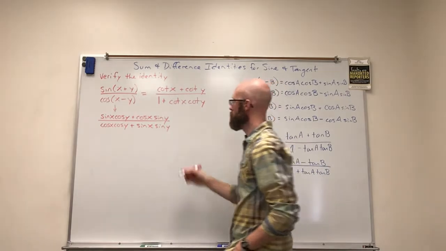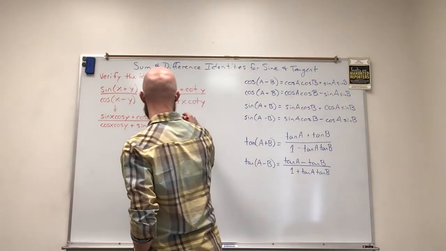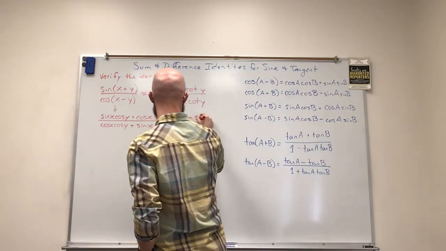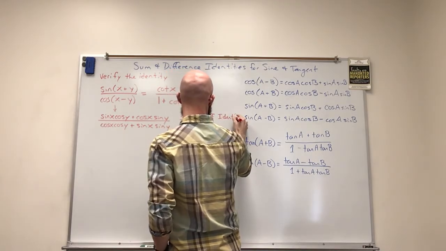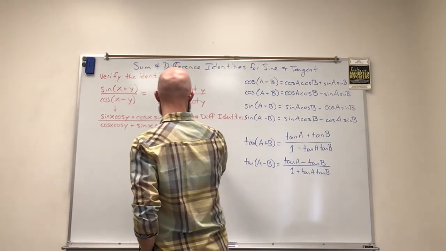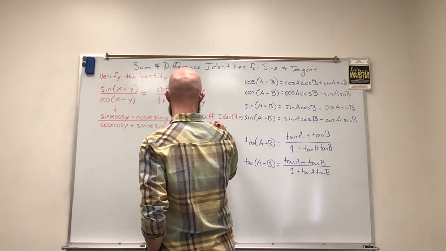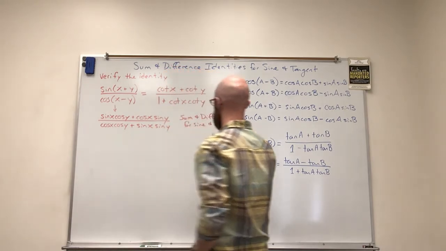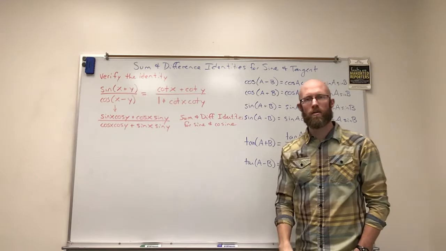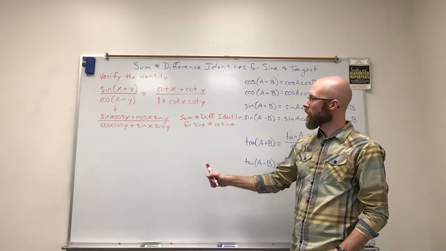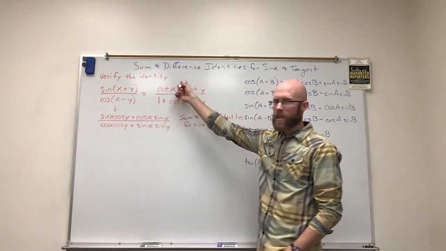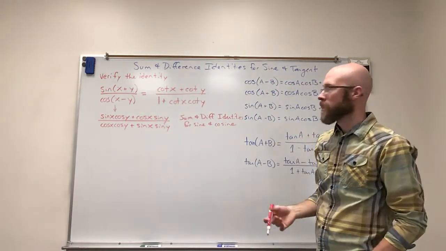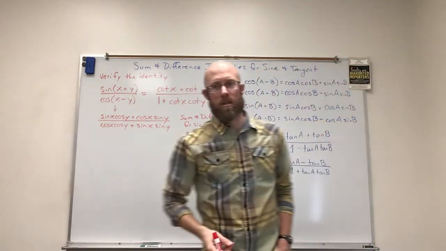That's using the sum and difference identities for sine and cosine. I can be more specific than that, but that's good enough. Now I gotta somehow change this thing into the right side. It's not super clear how to do that.